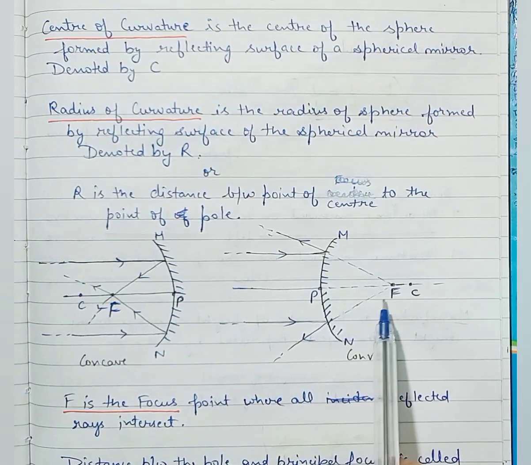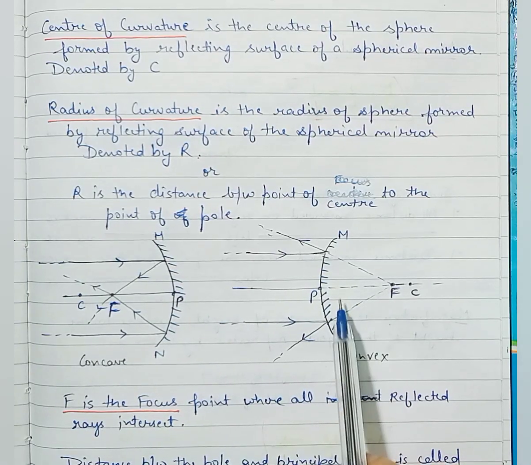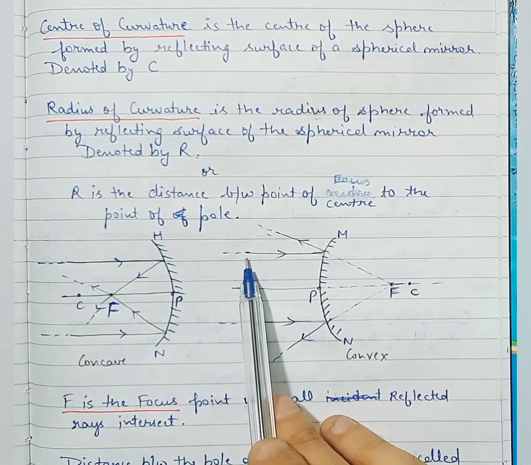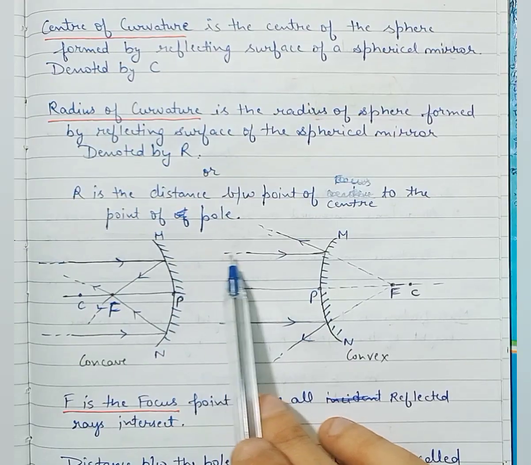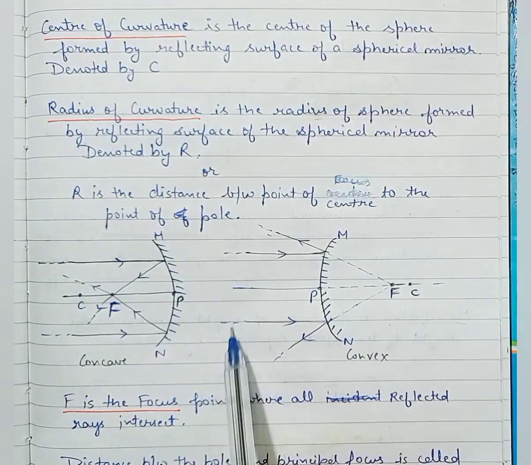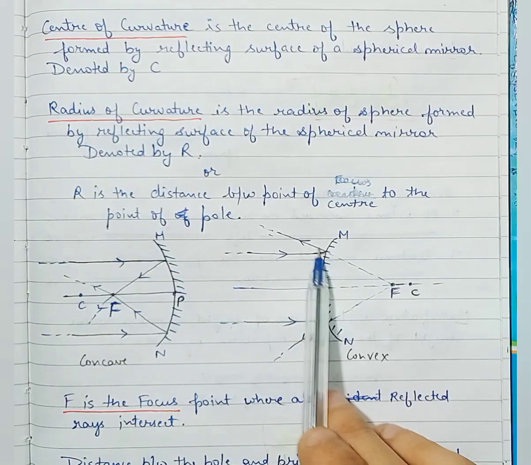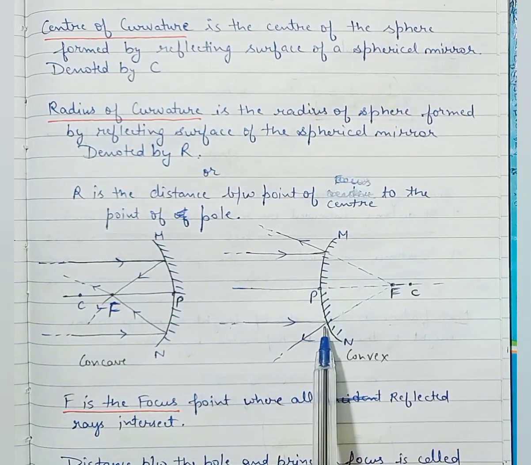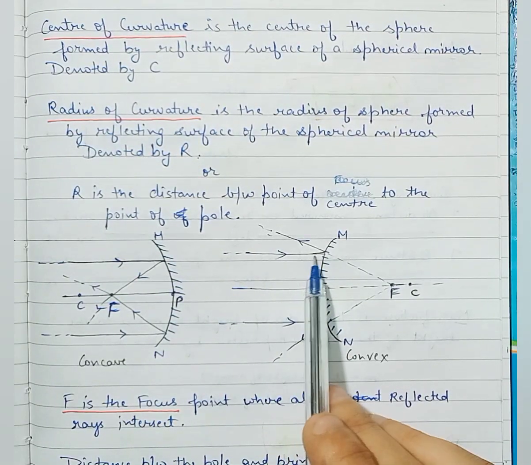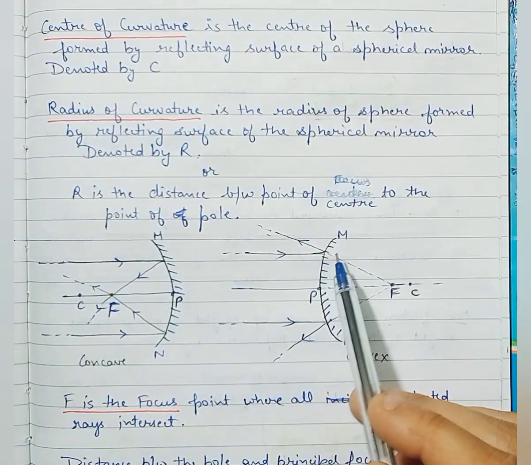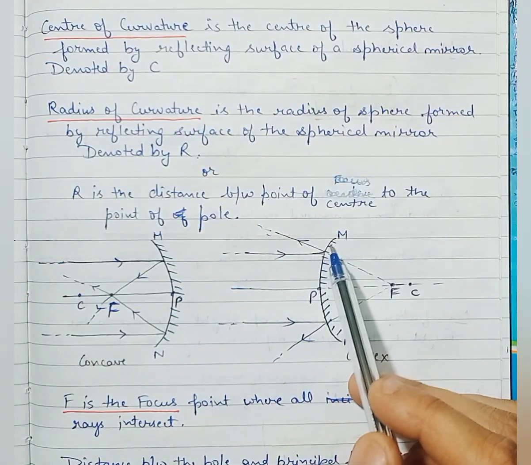And for convex, the points are like this. Pole is this, and the principal focus is this point. When the incident rays come here, they will reflect outward, not intersect inside, but go outside because of the shape of the mirror.